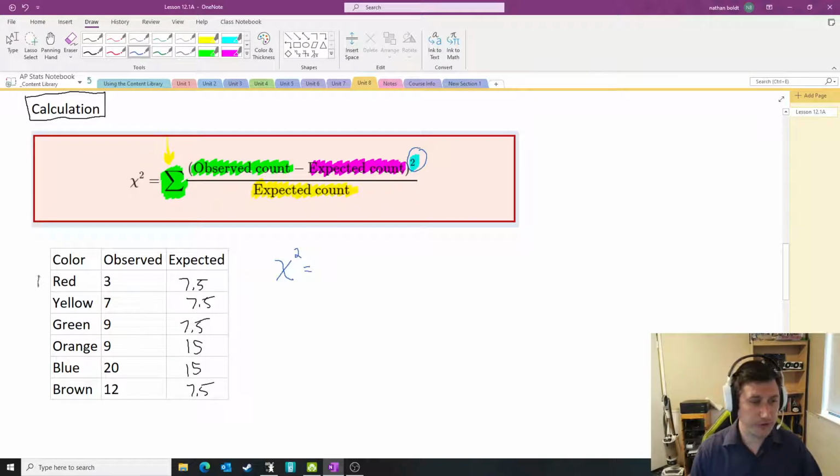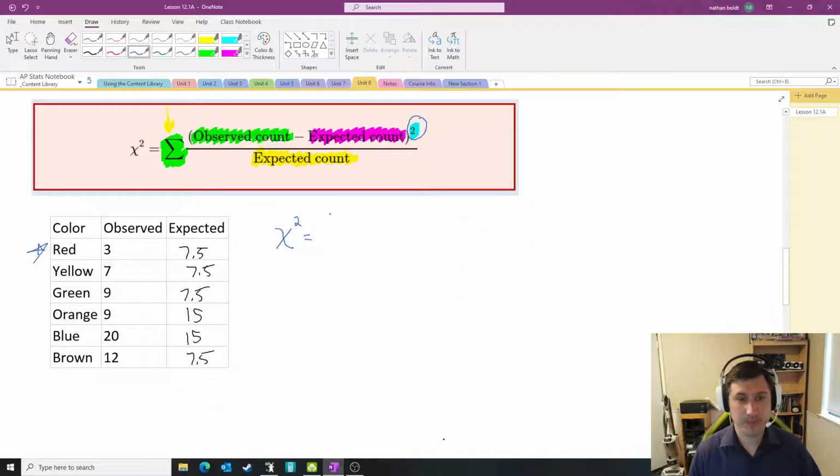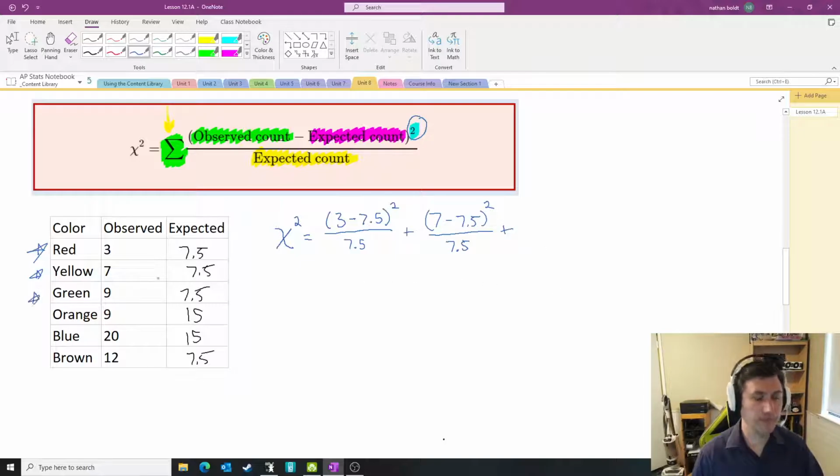For our first piece of data, the red ones, it's 3 minus 7.5 squared divided by 7.5, plus now our next one, the yellow, 7 minus 7.5 squared divided by 7.5. Now the green, 9 minus 7.5 squared divided by 7.5, plus orange. Orange is a little bit different, right?